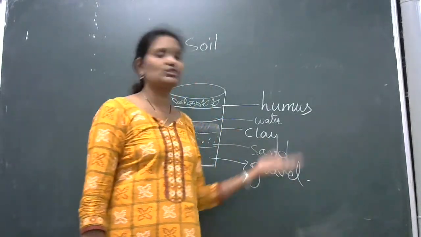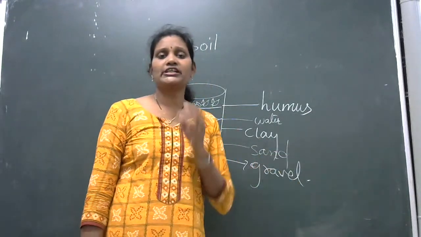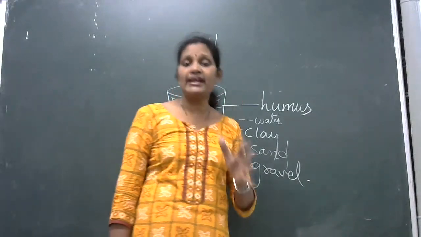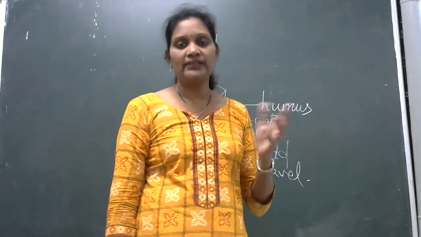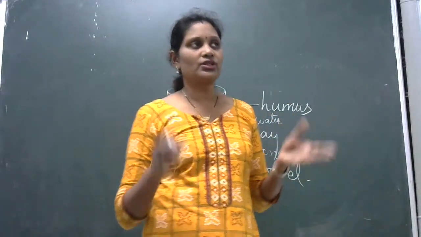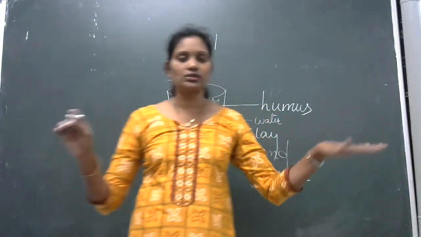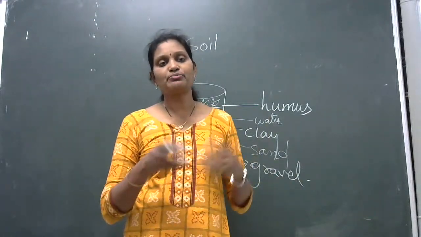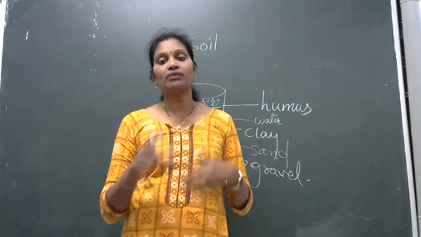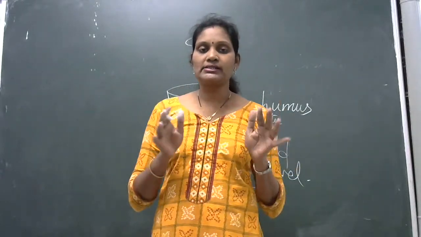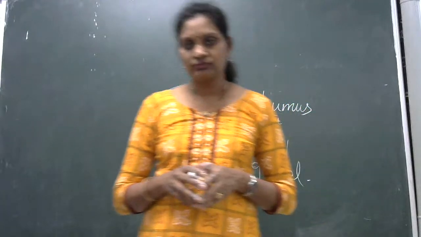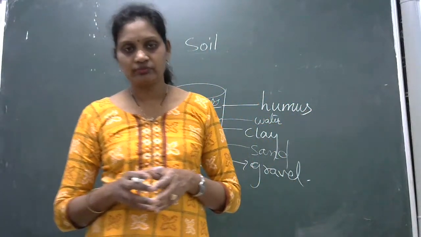So this humus which is at the top, we can see only the fine soil which contains the dead remains. Whatever the waste is on the top of the surface of the soil, that gets mixed, that gets decomposed, and it is very very fertile. Have you understood?